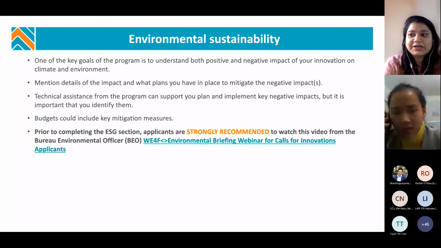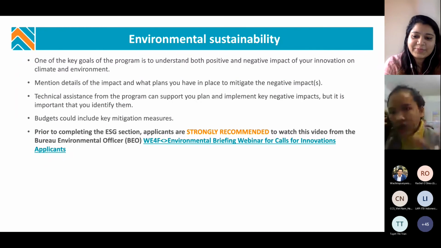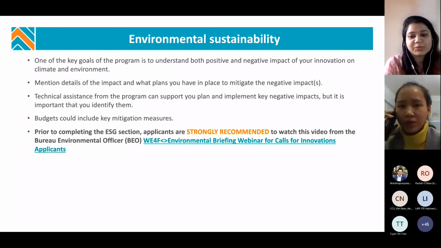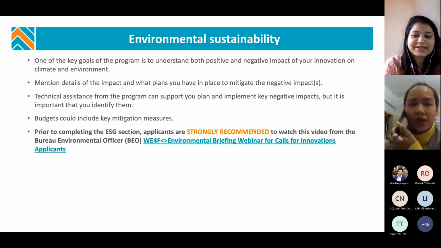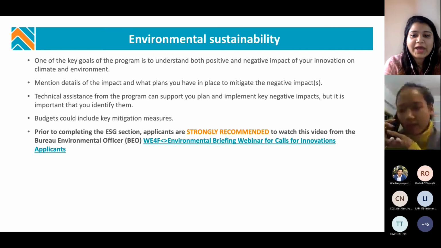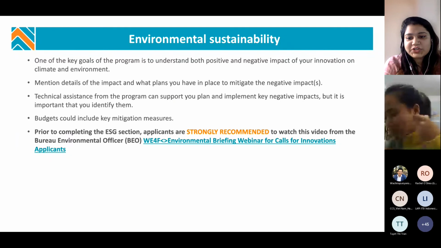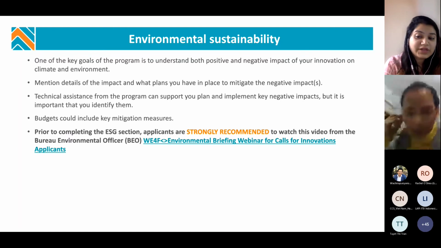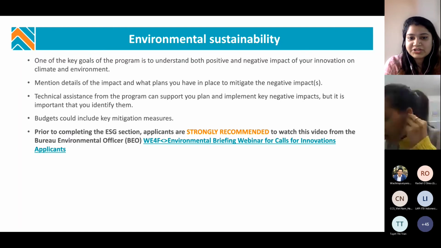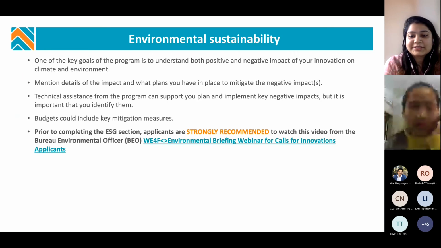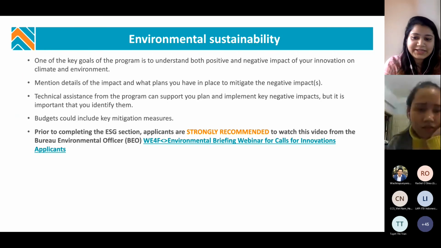We just want to see how you're going to mitigate these impacts, or whether you have thought it through, and what kind of support we could provide as a result of the negative impacts your model has on the environment. Similar to gender and BOP, your budgets could also include mitigation measures where you think you'd need an additional intervention to mitigate these negative impacts. Please do include that in your budgets also.